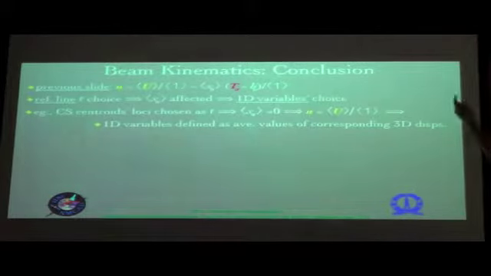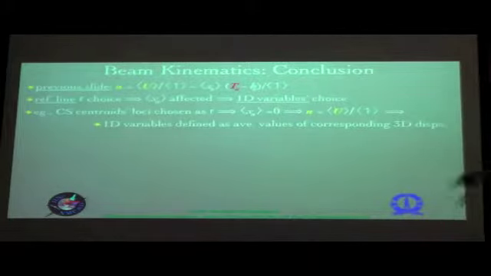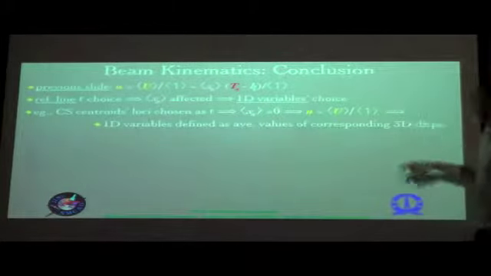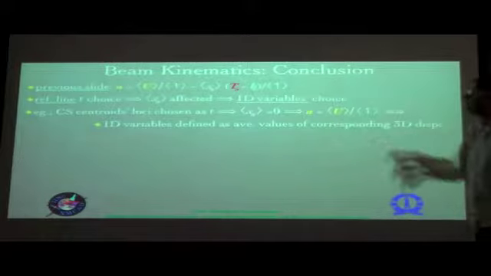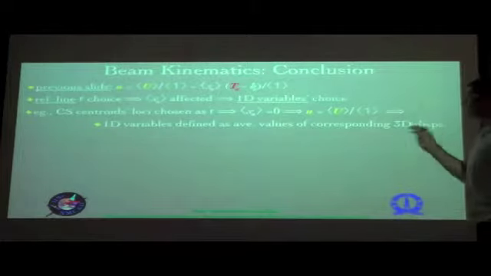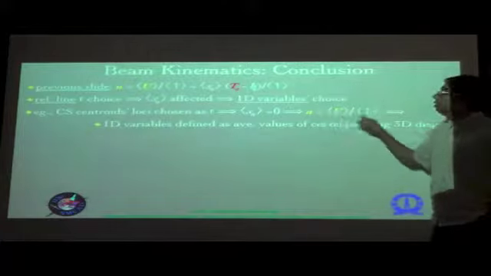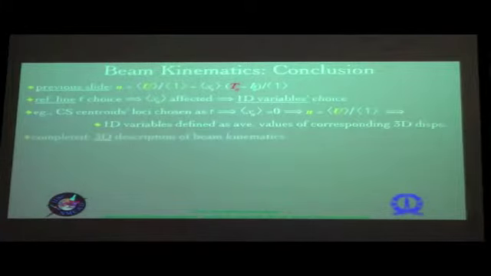So then I already mentioned this, cross-sectional centroid loci chosen as r, then you have this equal to 0, and this is what we concluded in the previous slide. 1D variables are defined as average values of the corresponding 3D displacement. So that is basically a linguistic interpretation of this mathematical equation.